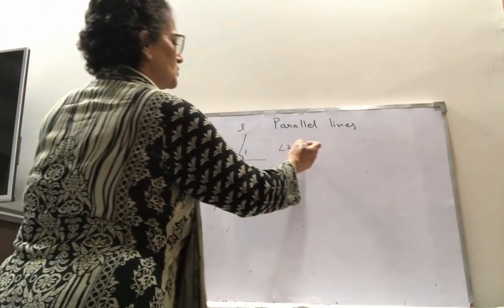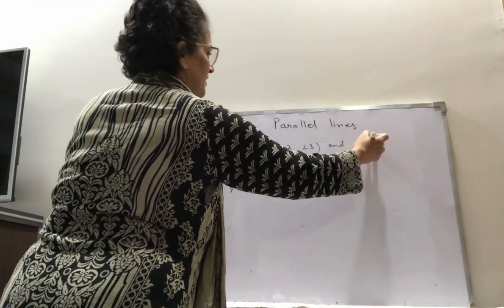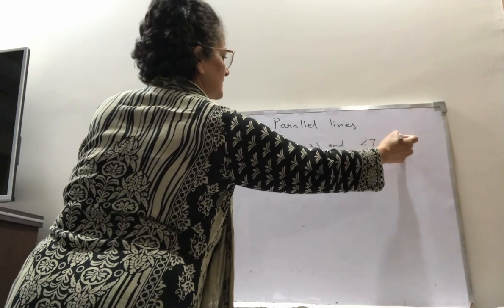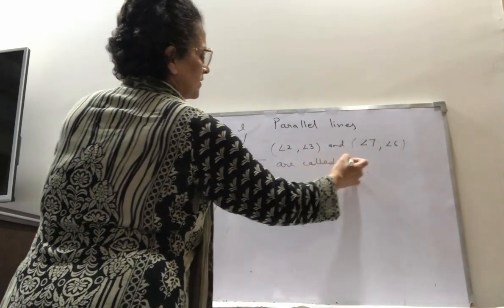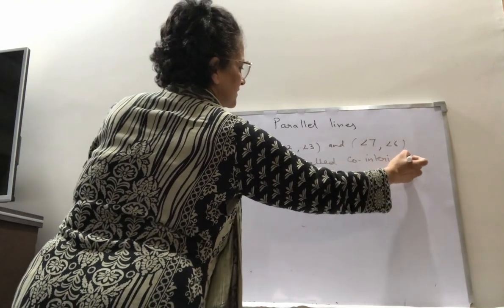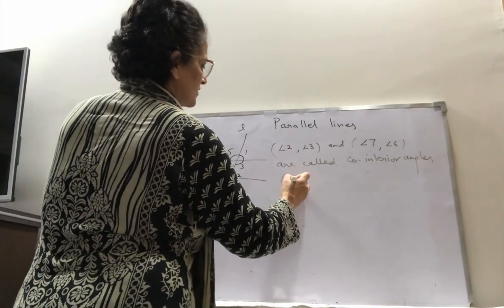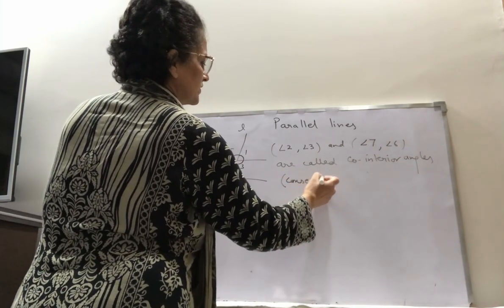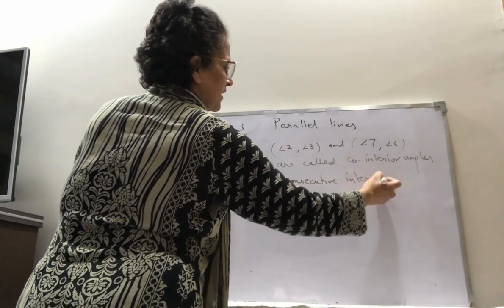So angle 2, 3 and we have another pair, angle 7 and angle 6, are called co-interior angles, or you can say consecutive interior angles.